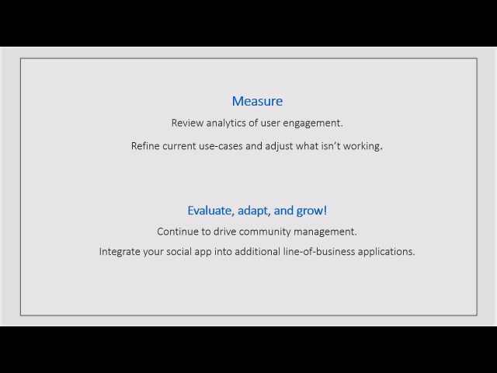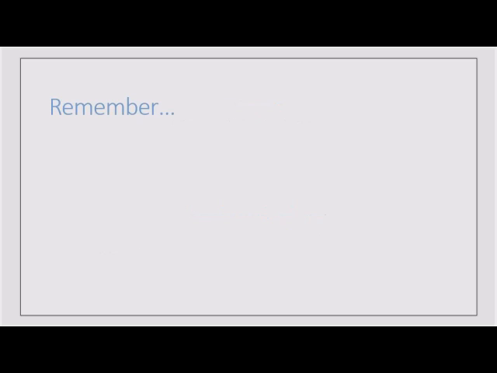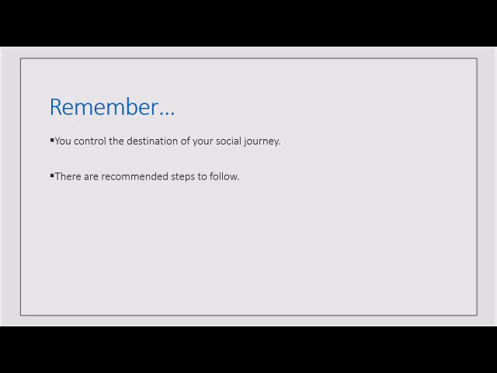And then, as mentioned before, you want to remember that you control the destination of your social journey. You are able to make changes. We do have recommended steps that we follow, as we just went through, the 6 steps.